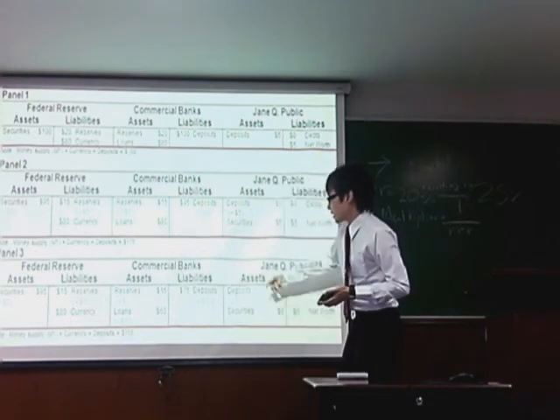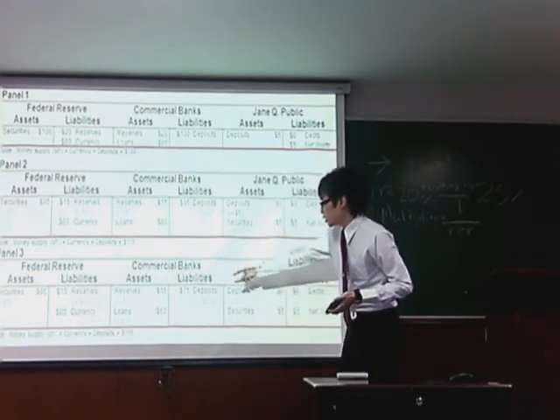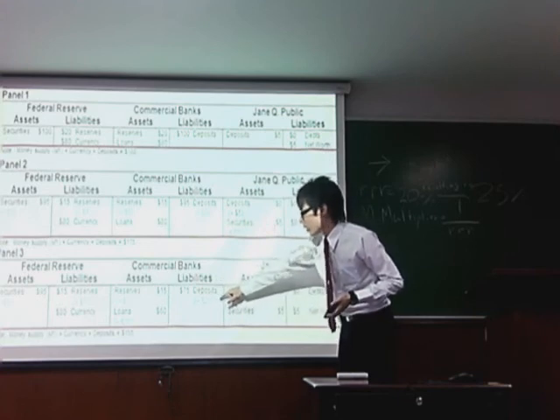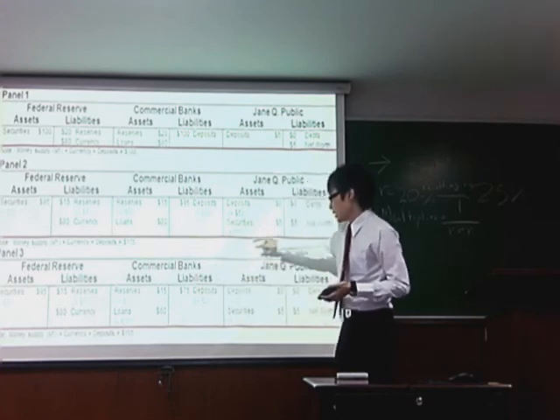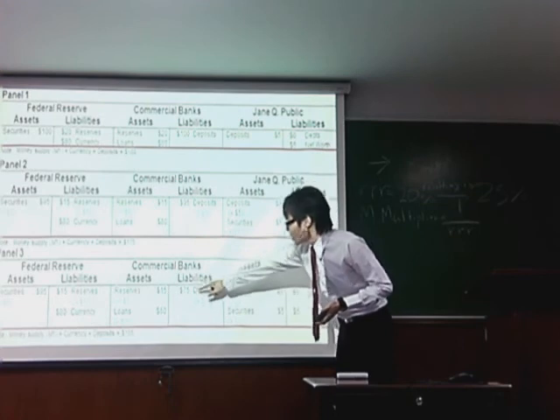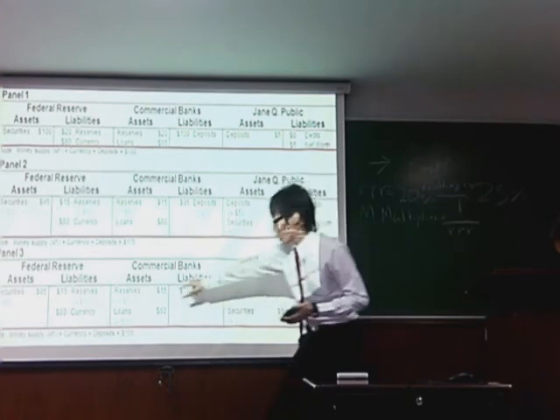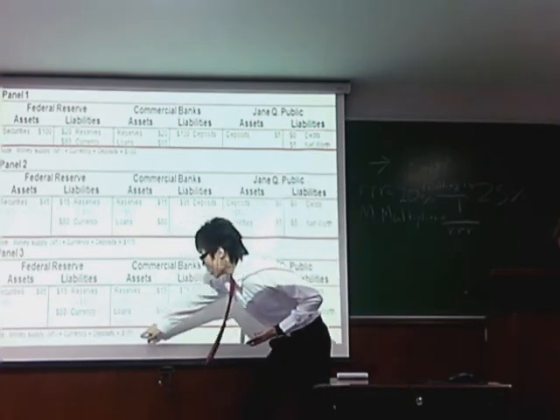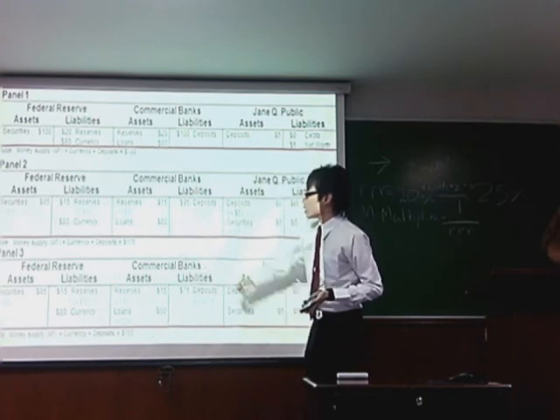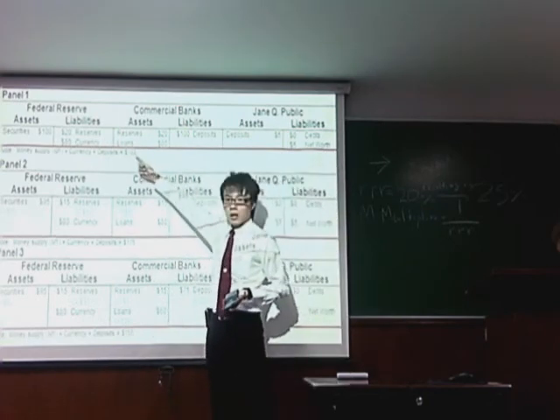That has the effect of reducing deposits by $25 billion. And if you can see here, you have deposits of $75 billion plus your currency of 80, which gives you 155, which is $25 billion lower than what you started with, 180.